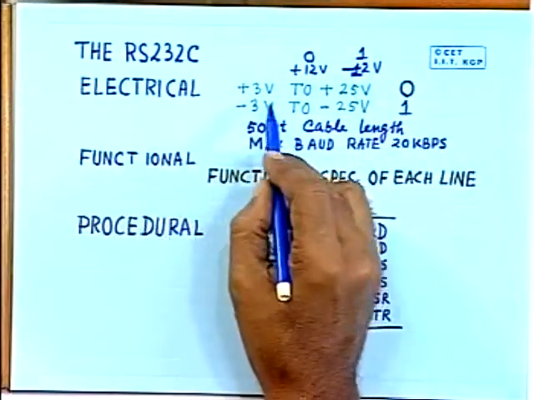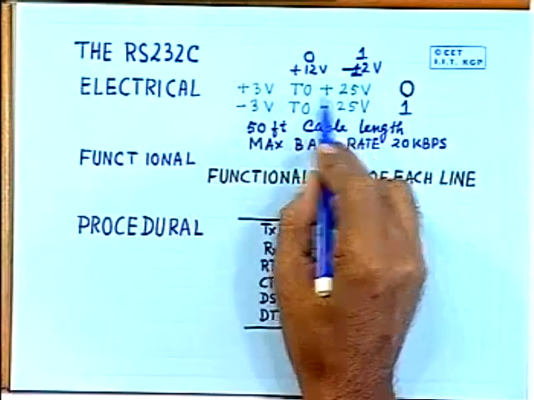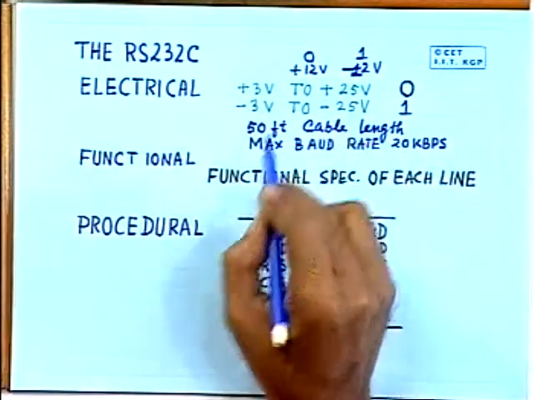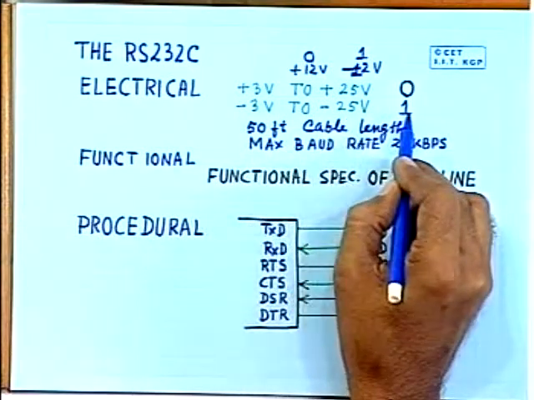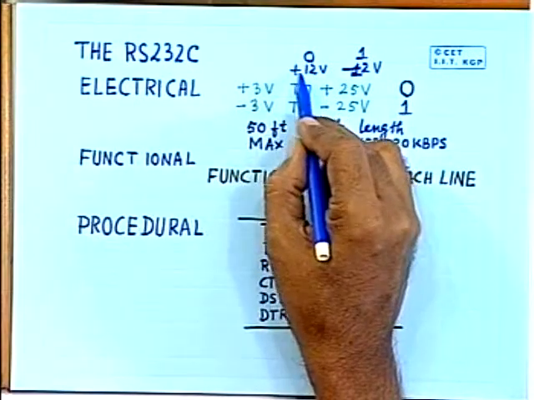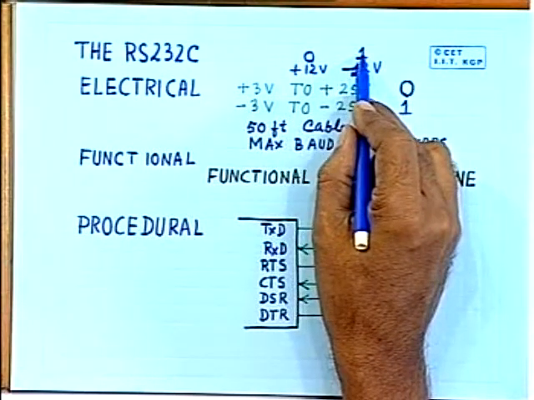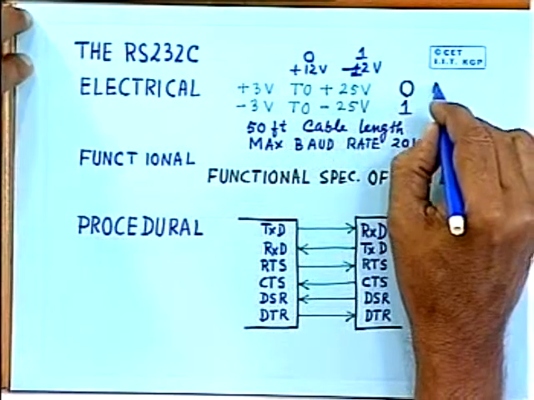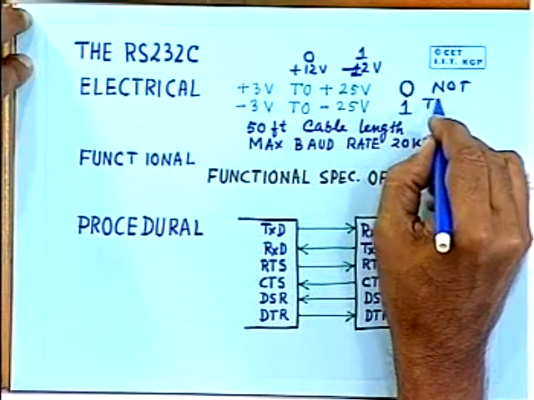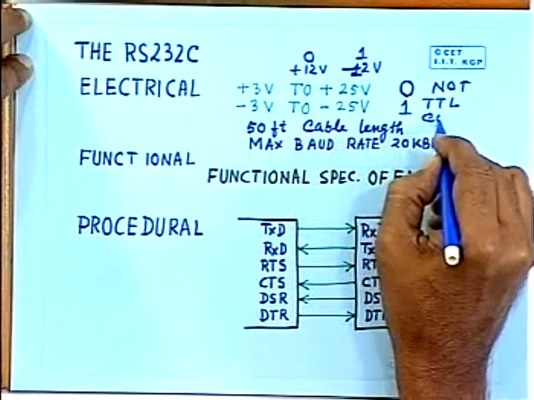Of course the standard says plus 3 to plus 25 for 0 and minus 3 to minus 25 for 1. But in practice plus 12 is used to represent 0 and minus 12 is used to represent 1. So it is not TTL compatible. You must note this point.